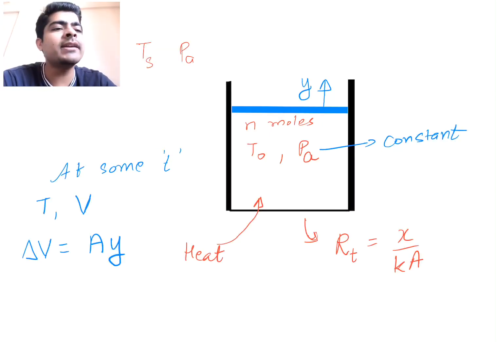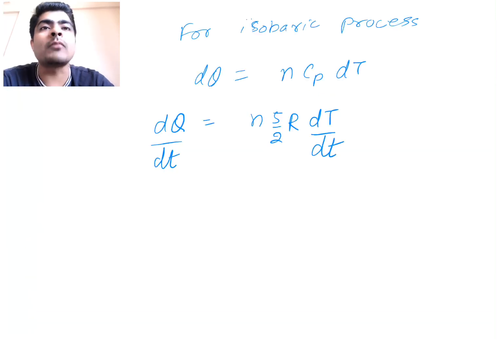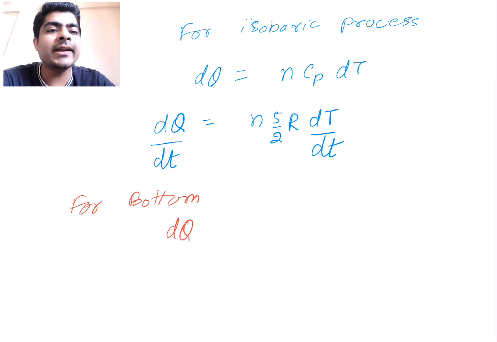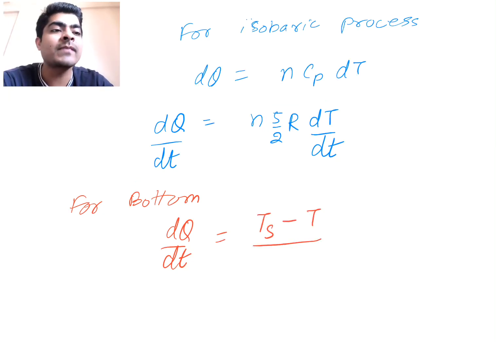But what is dQ by dt equal to? For the bottom of the container, we know the thermal resistance and the temperature difference. So for the bottom, rate of heat flow dQ by dt is equal to temperature difference, surrounding temperature Ts minus temperature of the gas T, divided by thermal resistance.